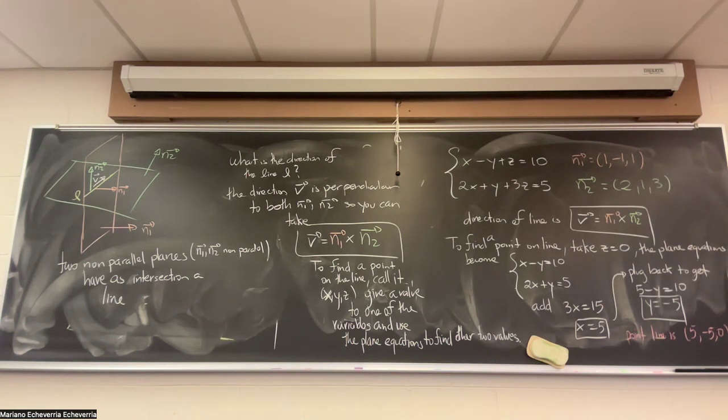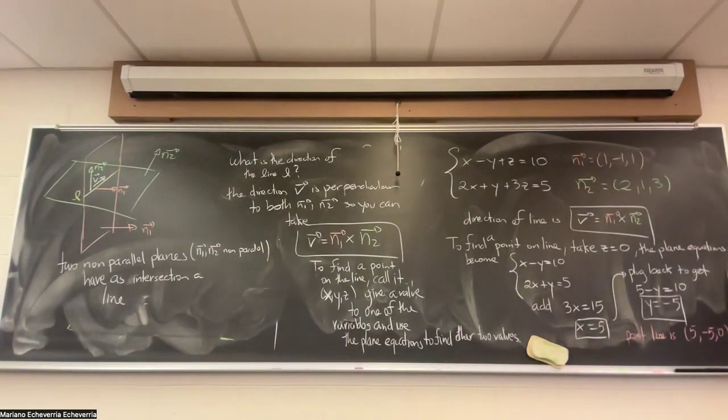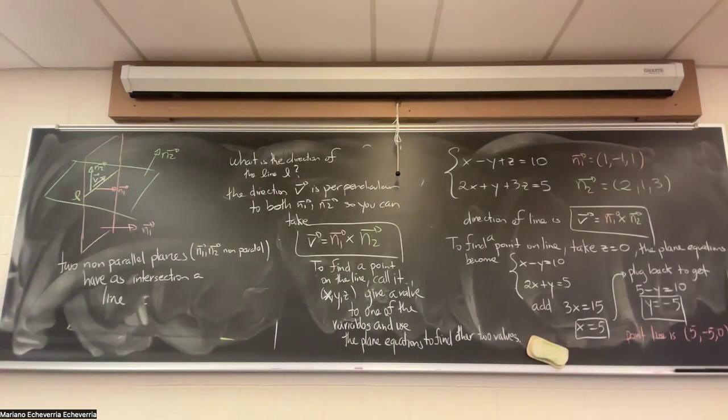Okay, and then, just to finish today, for 5 more minutes. So this is more or less what we need to know about planes. Besides planes, there are other types of equations that are useful.